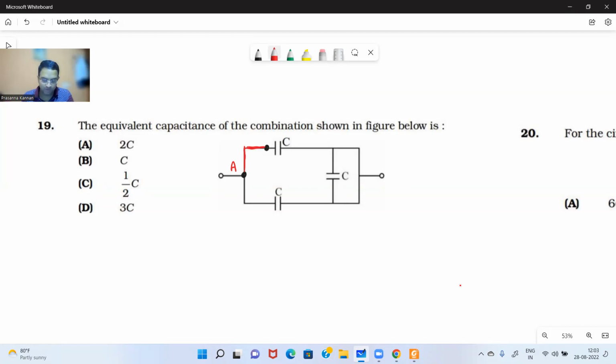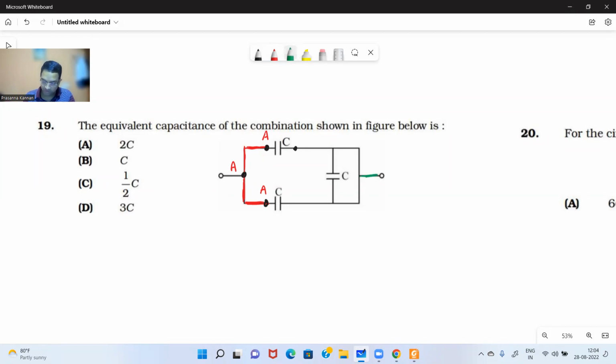So if the potential at this point is A, what is the potential at the other point? This will also be A. Along this wire, what is going to be the potential? A only. The moment it crosses the capacitor, it's a different point, because there will be a potential drop across the capacitor.